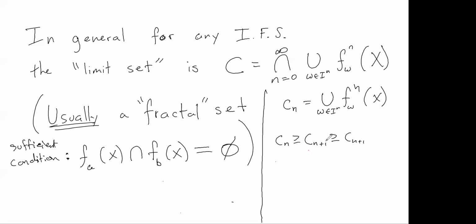But I'm not going to define that metric. It's called the Hausdorff metric, if you want to look it up. So C is equal to the limit as n goes to infinity of Cn under this metric.